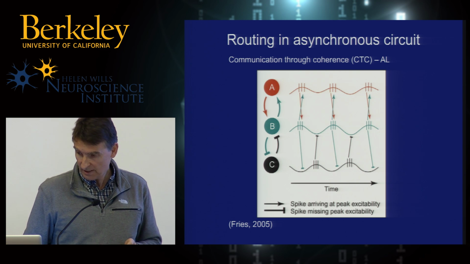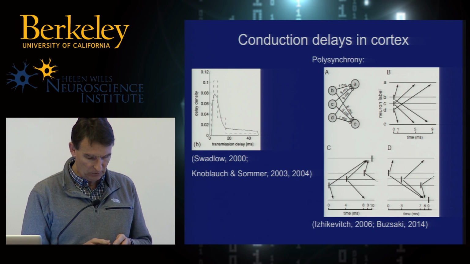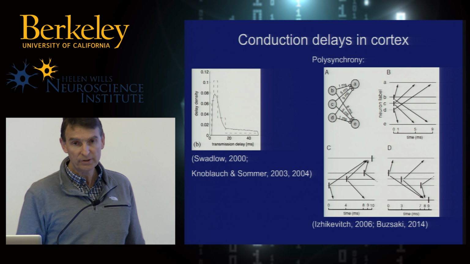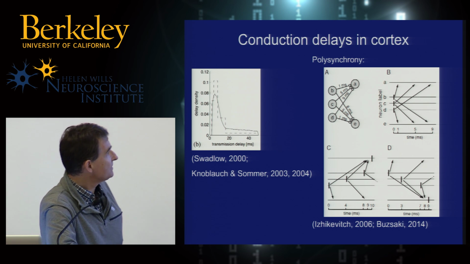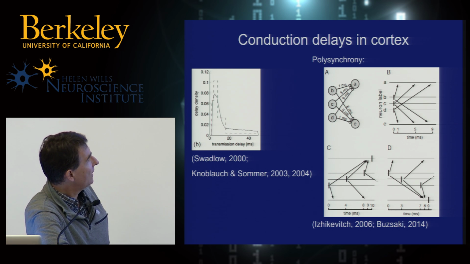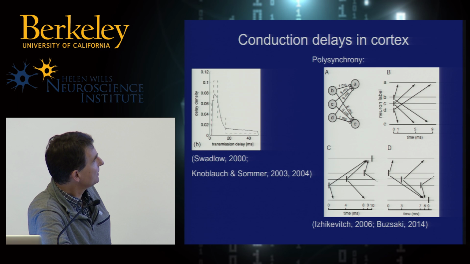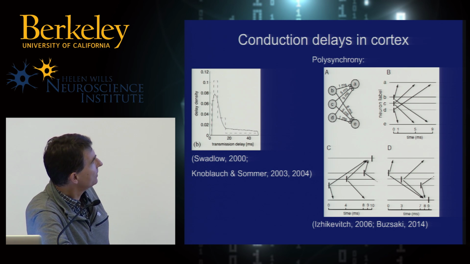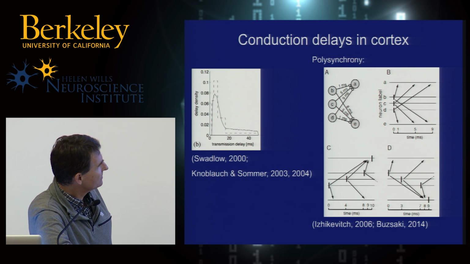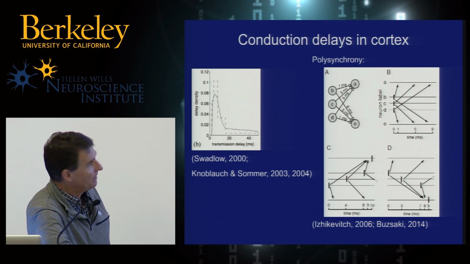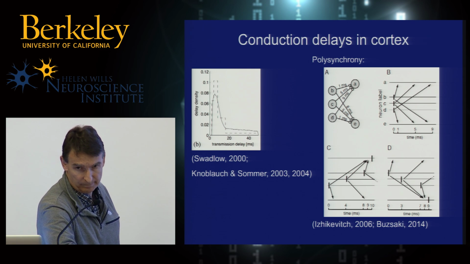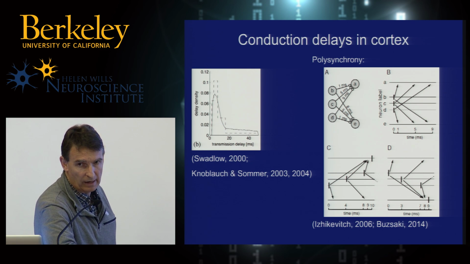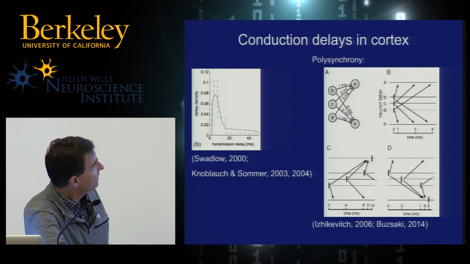But the picture becomes even more complicated if you look at conduction delays. This is an old graph, from Harvey Swadlow's work. On the x-axis are conduction delays in milliseconds, measured by antidromic stimulation.